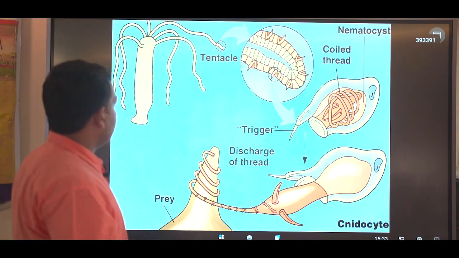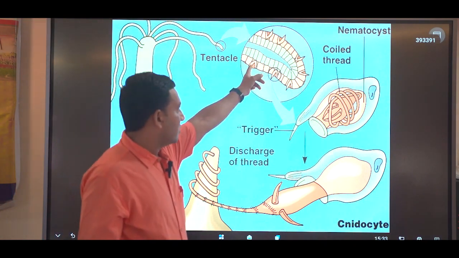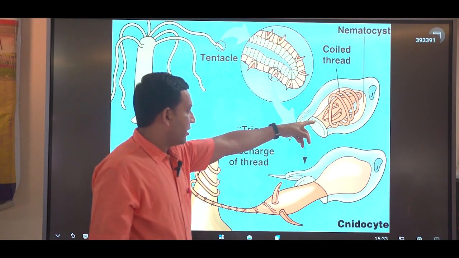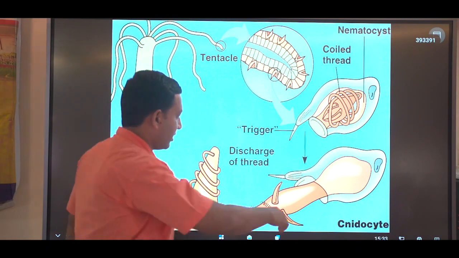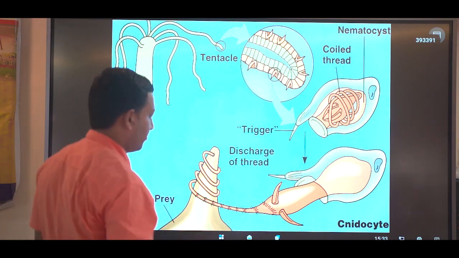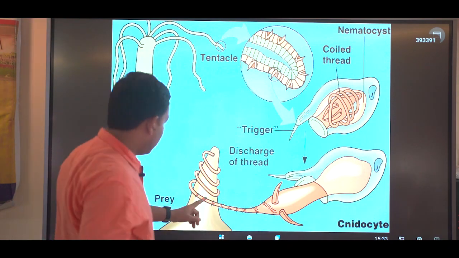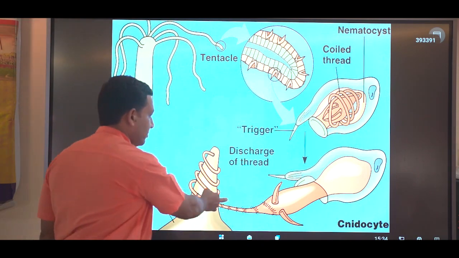If we see the magnified view of the tentacle, here you can see the cnidocytes, and if we again enlarge a particular cnidocyte, the stinging cell, the nematocyst, then when excited, the nematocyst protrudes the tentacle or whip, which has other tentacles.